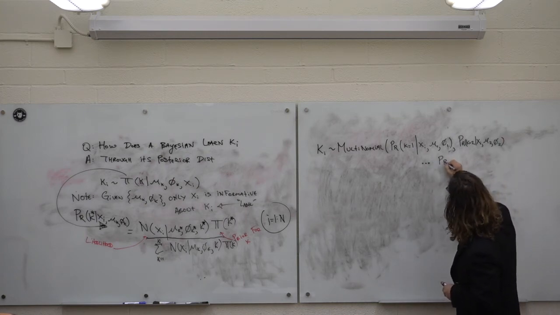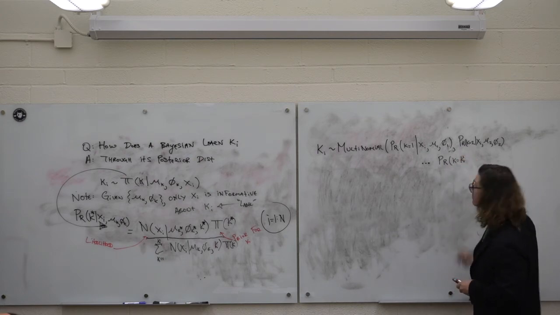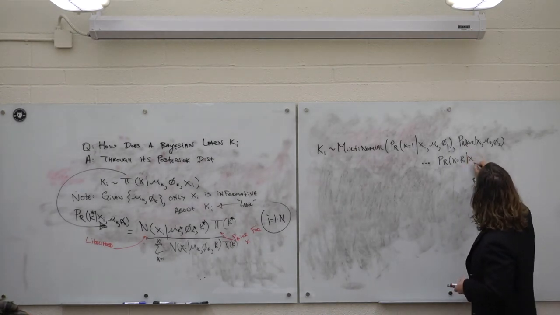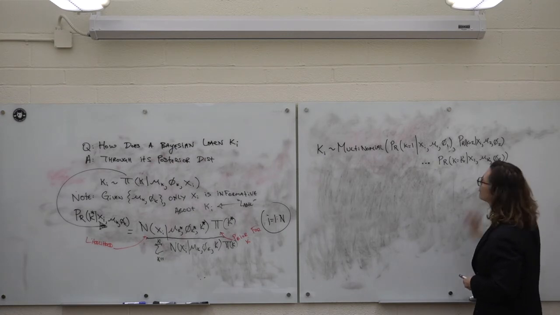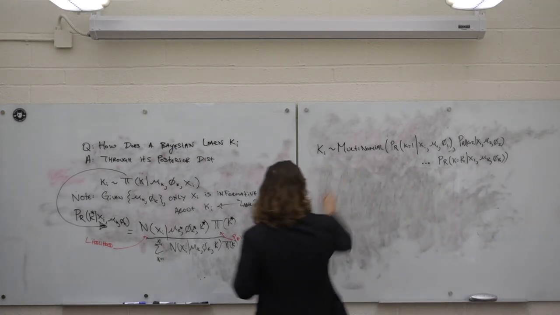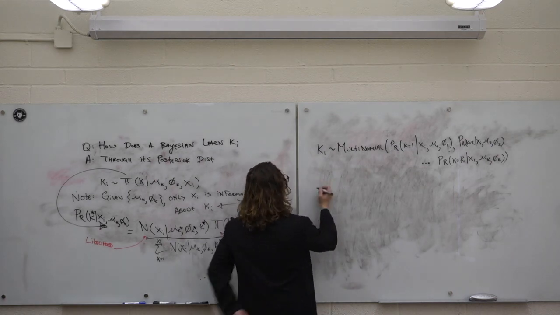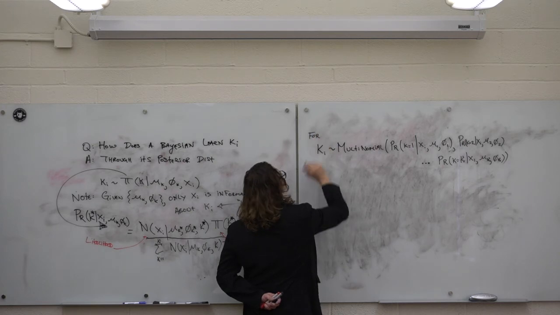Take this all the way down to probability K is equal to whatever cap K is. In your extra credit, it would be a 4. Given Xi, mu cap K, phi cap K. So this is a K-sided coin flip. And I would do that for all of my data points.